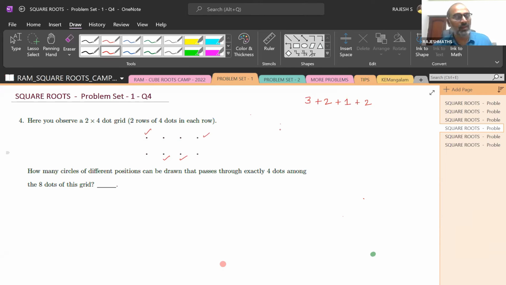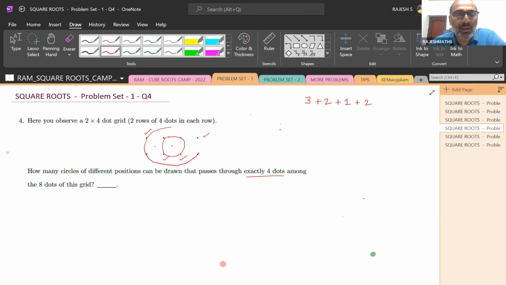So what I'm trying to say is, we can look for the centers. For example, this can be the center for the 4 points, and it has to pass through exactly 4 points. There are 4 dots. This can be the center not only for these 4, but for the outer 4. So for this common center, we can have 2 circles. Either we can have this circle or we can have this circle.